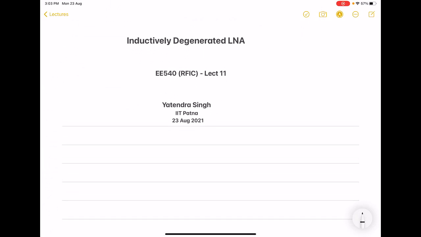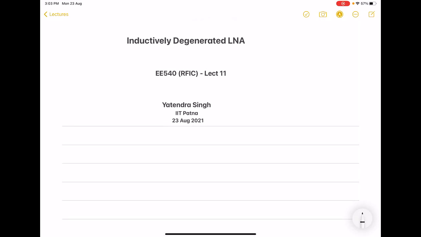In this lecture, we will analyze inductively degenerated LNA. We have already studied 3 single MOS LNA, and in all those cases, the operating frequency was very small compared with the threshold frequency.